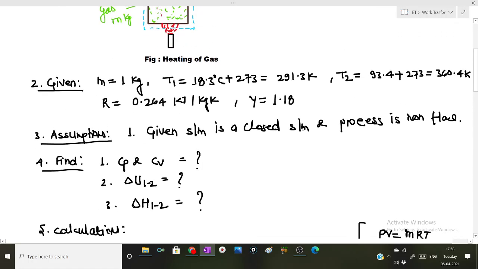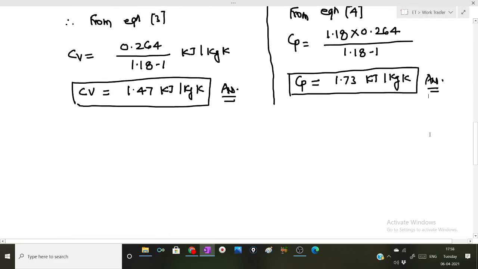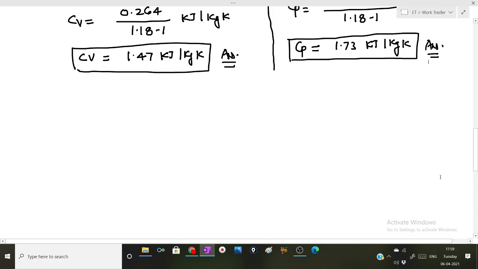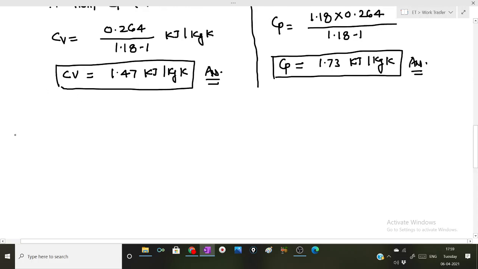Now second is change in internal energy. Now let us do calculations. To calculate the change in total internal energy, we have this formula for change in internal energy, m into Cv into T2 minus T1.